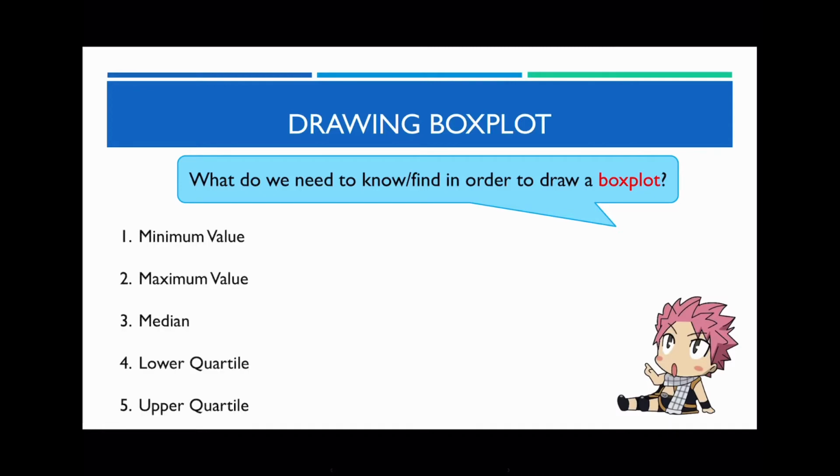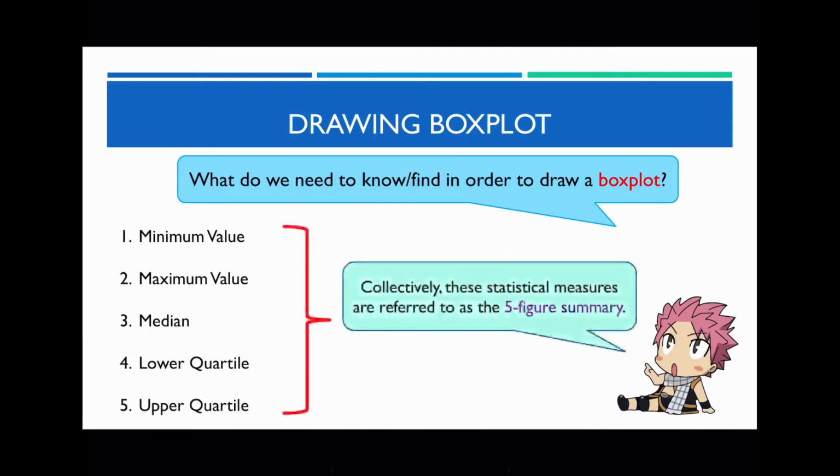This includes the minimum value, which is the lowest value, the maximum value, which is the largest value in the data set, the median value, the lower quartile, and the upper quartile. These 5 things collectively are referred to as the 5-figure summary. So you need to know all of these 5 pieces of information so that you can draw it. Notice that the mean isn't included at all. You don't need to know what the mean is if you want to draw a box plot.